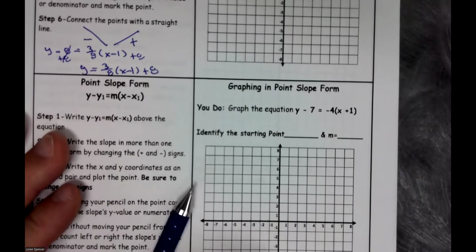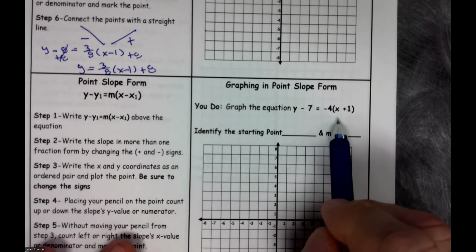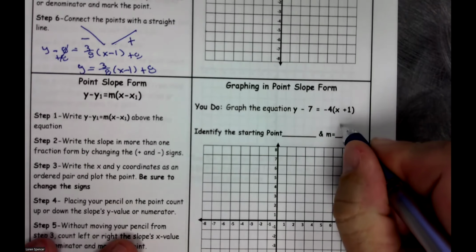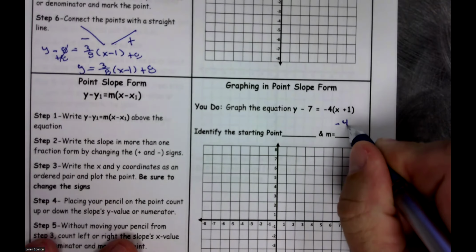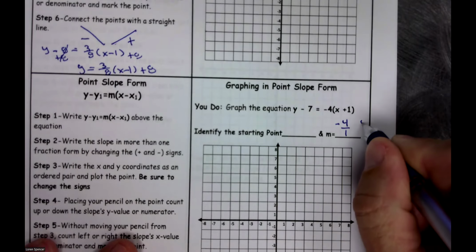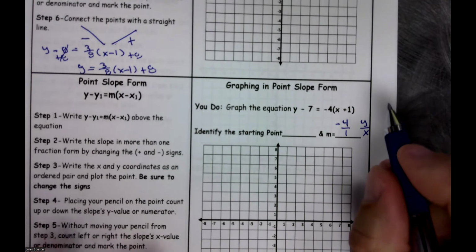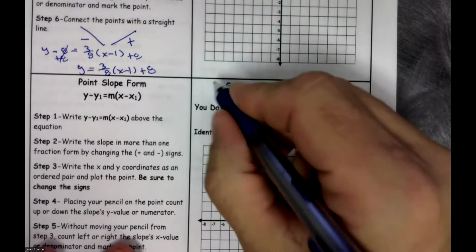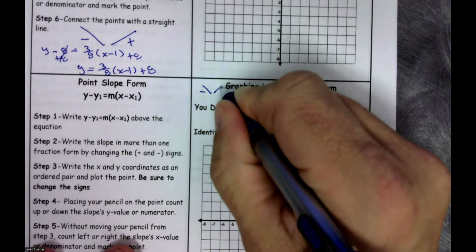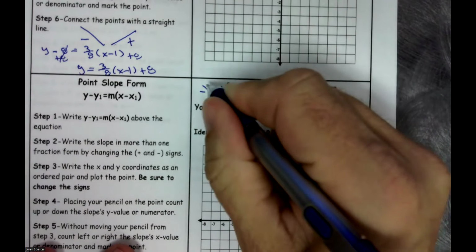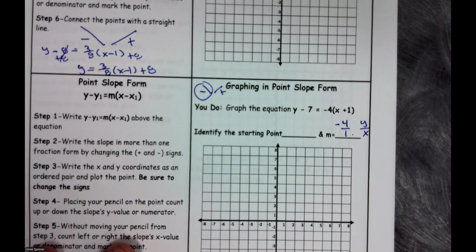So in this one, we have to identify our slope. We'll start with that is m equals -4, and we'll turn it into a fraction. So -4/1, because remember, it's always the y's over the x's. All right, don't forget, in this case, we have a negative slope, so we need a downward facing.